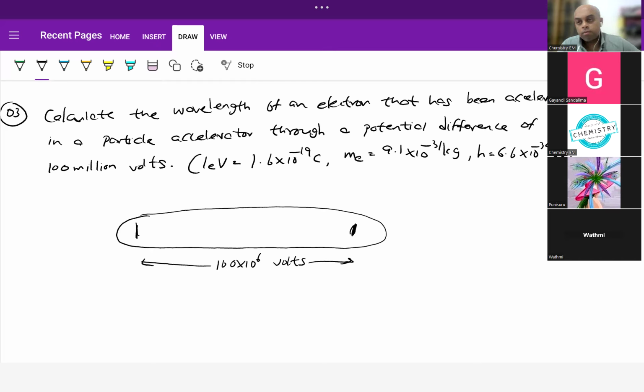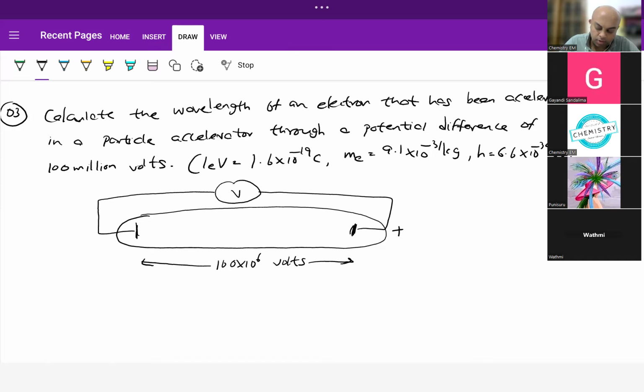Let's try to understand how to develop this question. We know this particle accelerator is used to accelerate electrons. So if there is a voltage like this, with a cathode and anode, the electron is going from minus to positive like this.